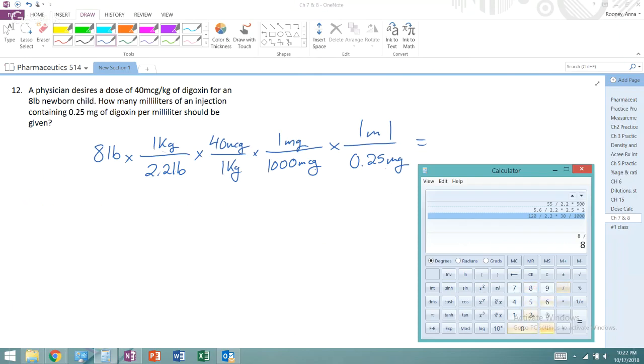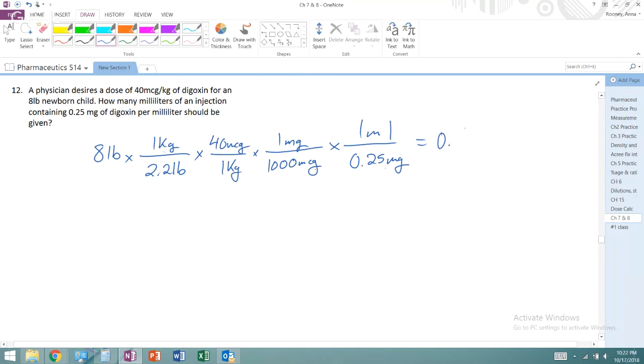So 8 divided by 2.2 times 40 divided by 1,000, and then divided by 0.25. So 0.5818 milliliters of digoxin, which is a heart medication, I believe.